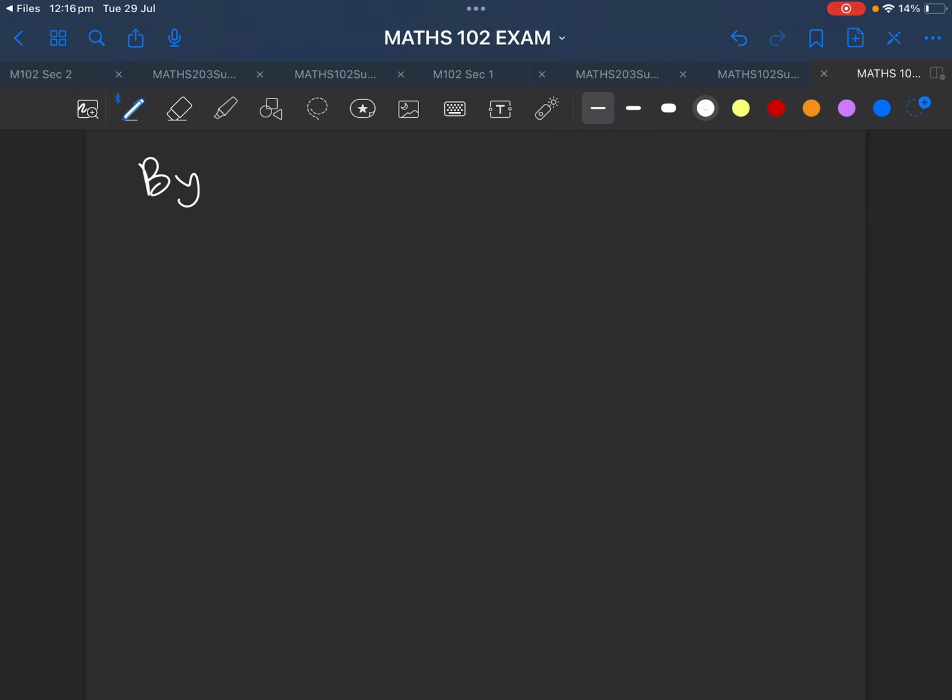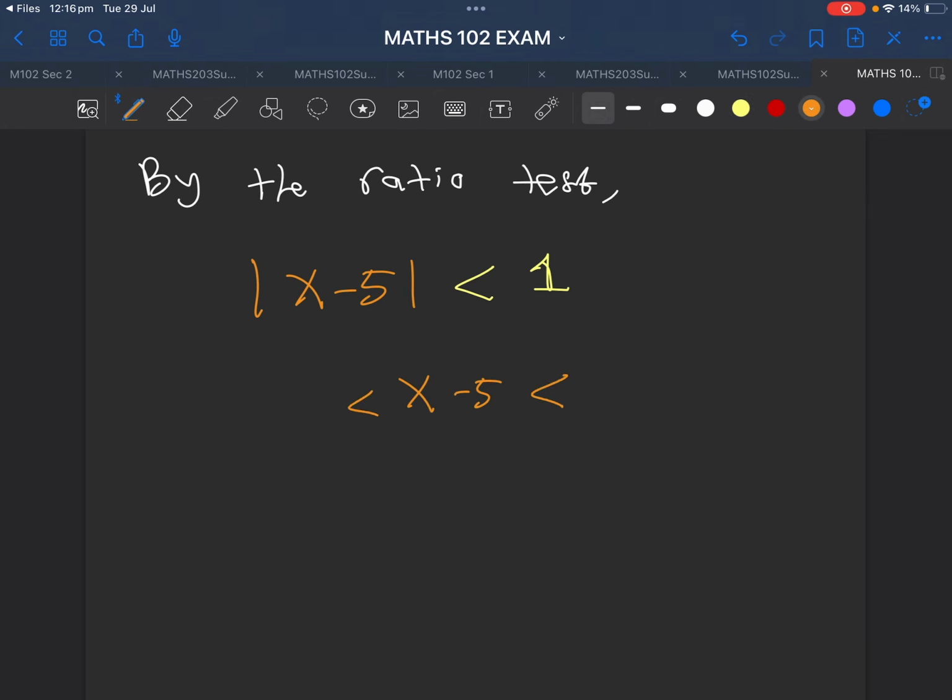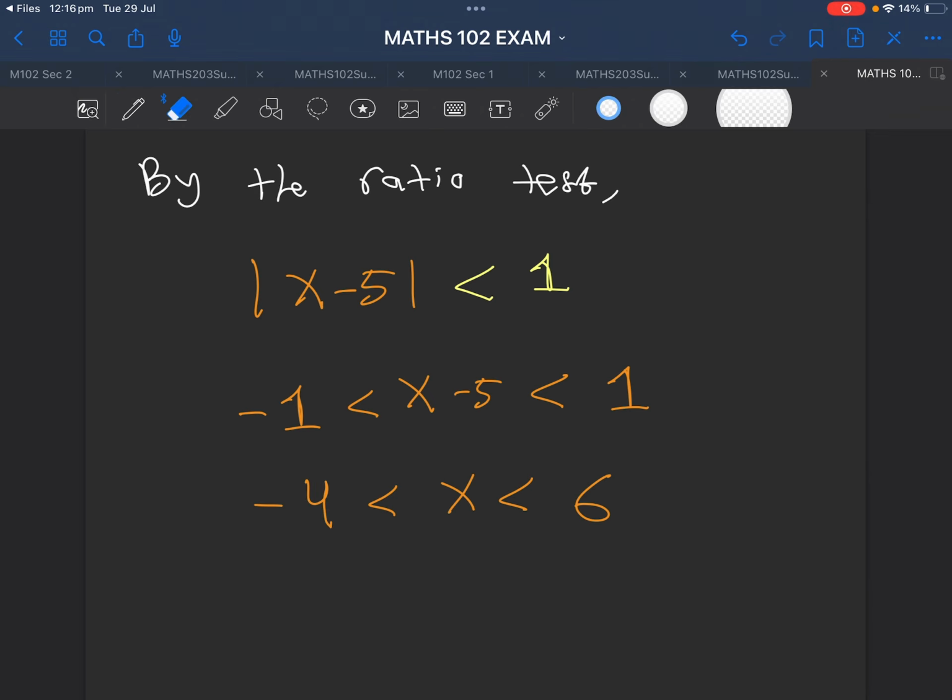And we say, by the ratio test, convergence will happen if the answer is less than 1, which means x minus 5 will be between negative 1 and 1, which means x itself is between 4 and 6.